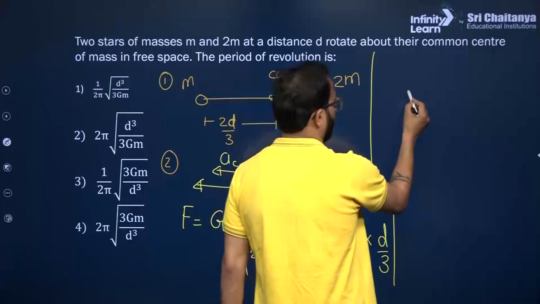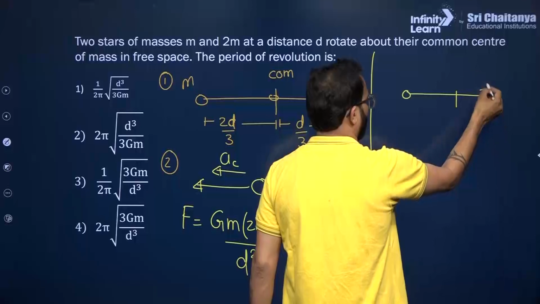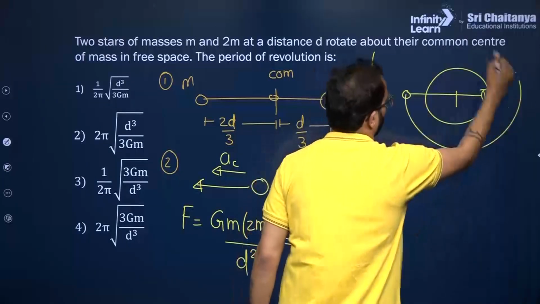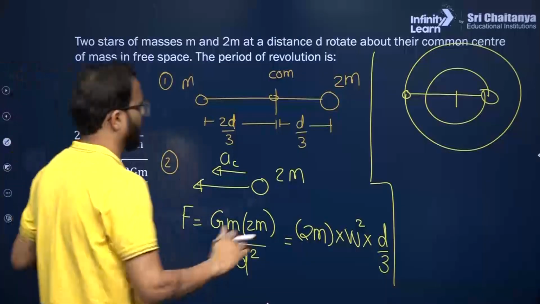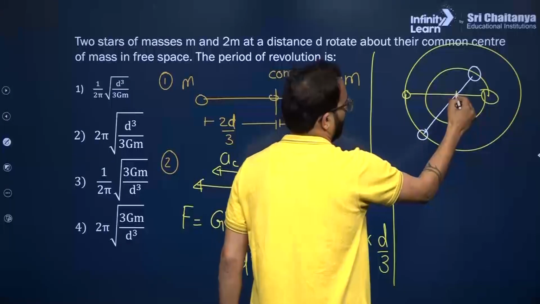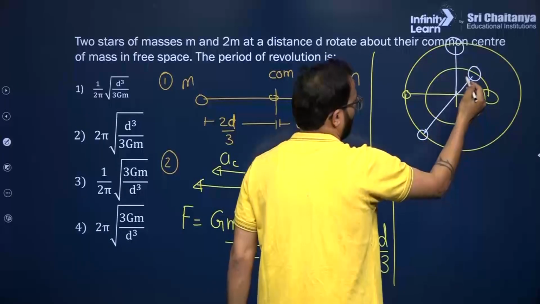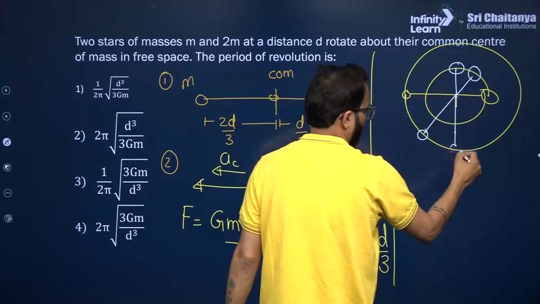See, it is following this circle and it is rotating about this circle, such that when this is here, it is here.